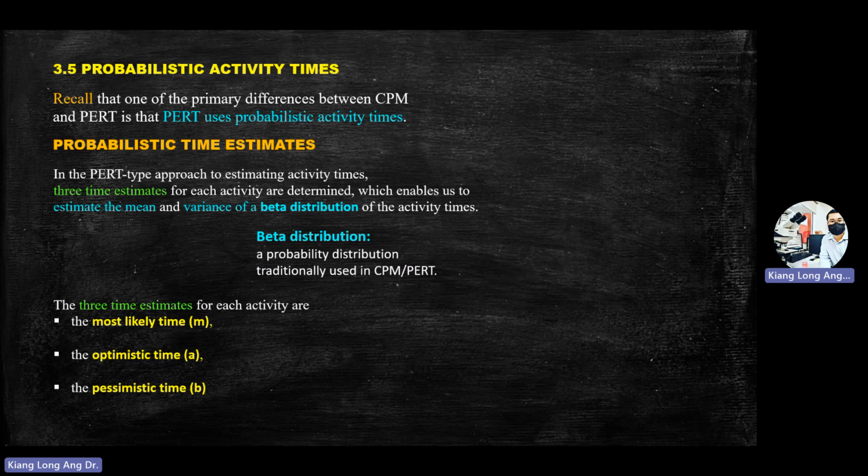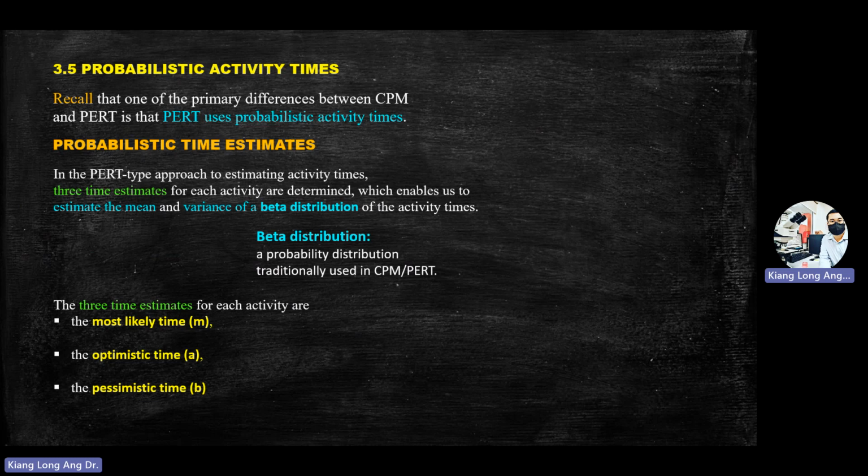We will estimate 3 types of time. Most likely time, M. Optimistic time, A. Pessimistic time, B. In my slide, I use M, A, and B. Other textbooks might give you other symbols. But what is important is that from the bell curve or the statistics curve, you have 3 types of time.